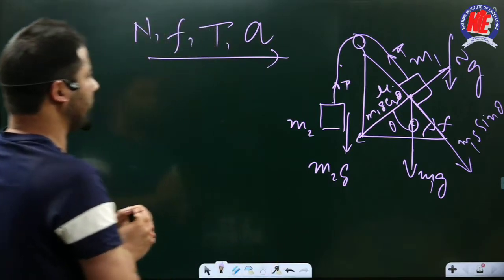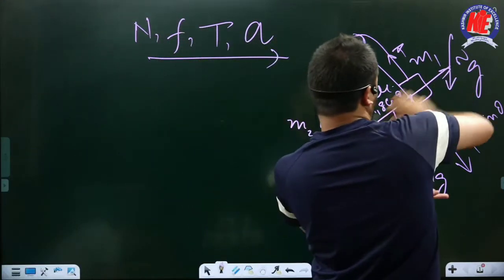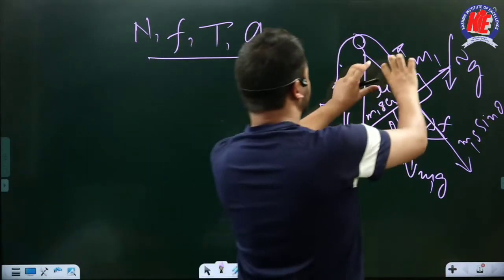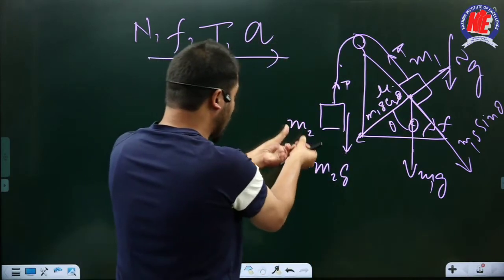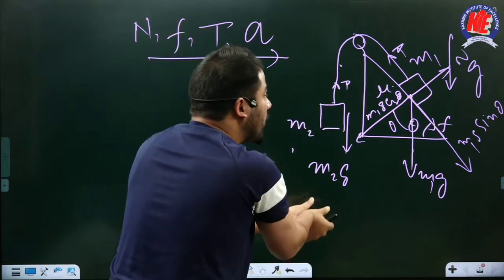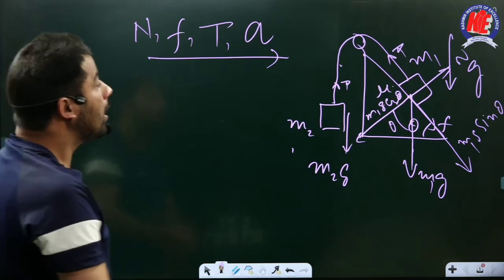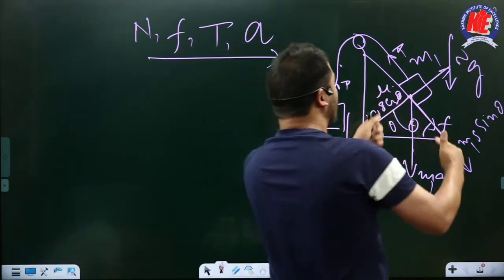Now, in the first way, how can I use my laws of motion here? If I use the laws of motion in this direction, what will happen? I expect tension to act in the string, and I assume the massive block M2 is going to move downwards. When it moves downwards, what does that mean here? It means this block, whose mass is M1, will move along this way around.